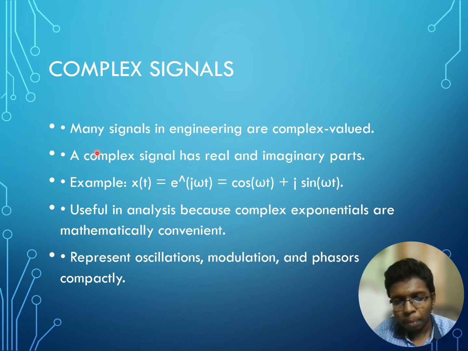Complex signals. Many signals in communications are complex valued. A complex signal has a real and an imaginary part. Example: x of t is equal to e power j omega naught t, which is equal to cos omega naught t plus j sin omega naught t.